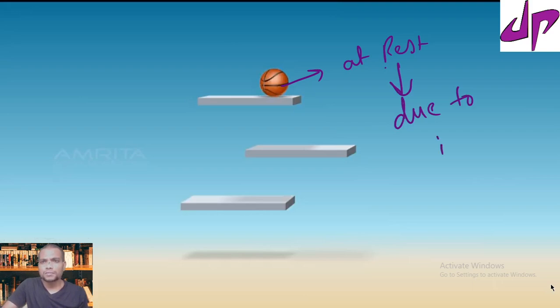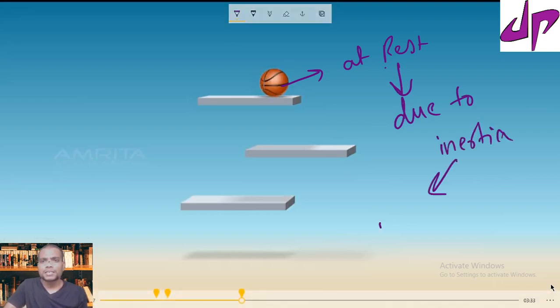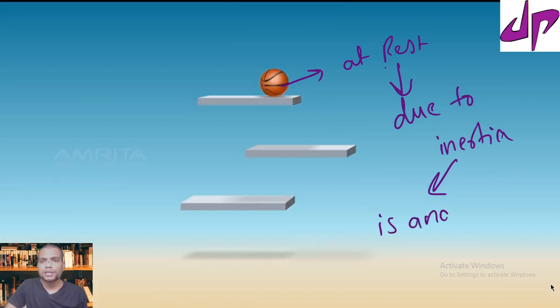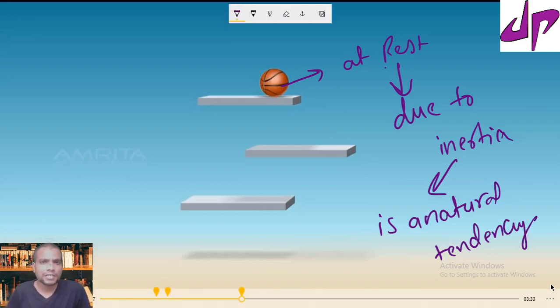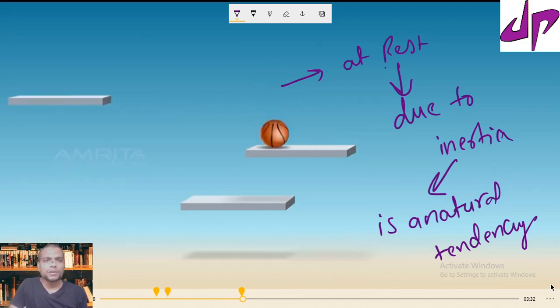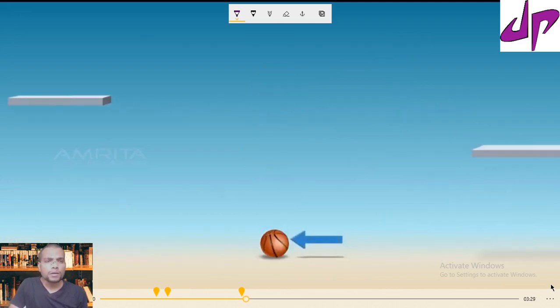Due to inertia. Inertia is a natural tendency. So the ball is at rest on this supporting surface. If you remove the supporting surface, the ball will stop and stay at rest only.